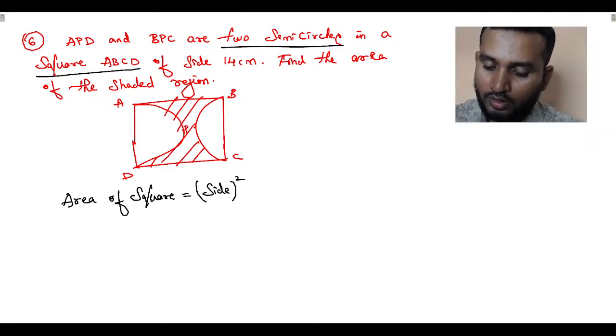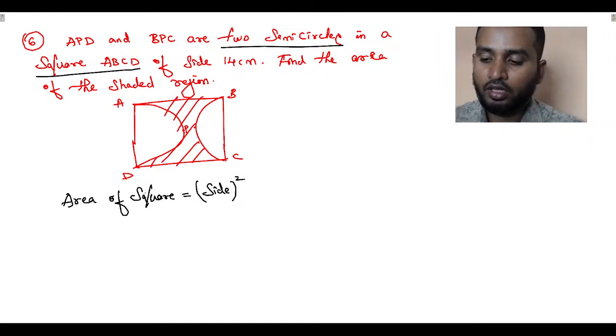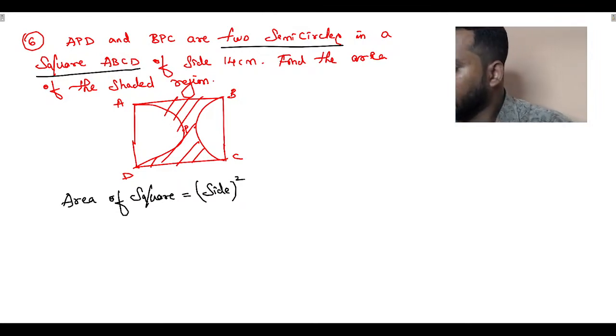AB is a side, BC is a side, CD is a side, AD is a side, all four are sides. We know that all the sides in a square will be equal. Kindly let me solve this one by one. After solving this problem, I will clarify the other doubts.